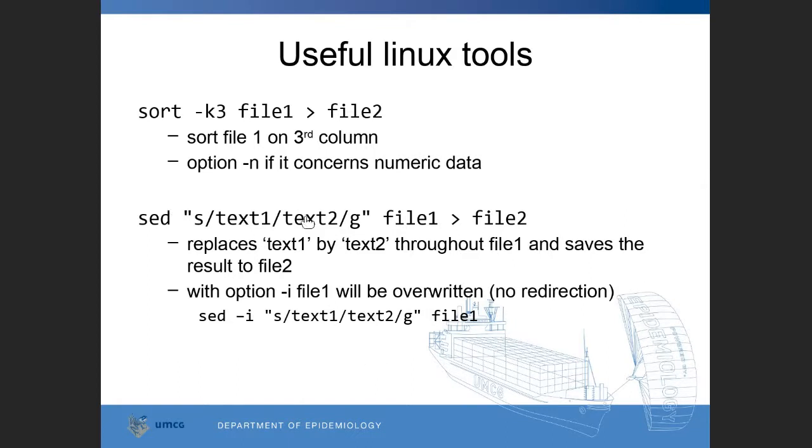So this command says I want to replace within this file text 1 by text 2, and save the result to another file. If you add the option minus i, then file 1 will be overwritten. This could be convenient, but you have to be sure that you are doing the right thing.